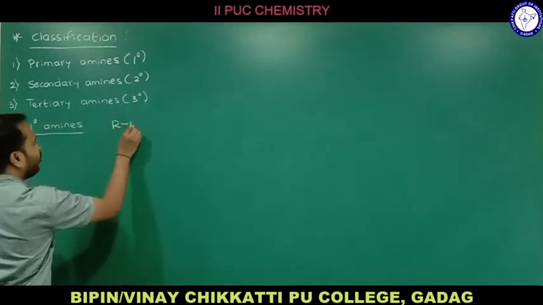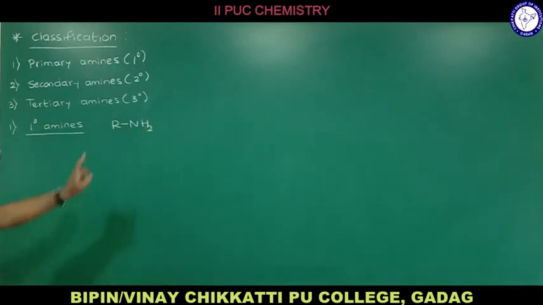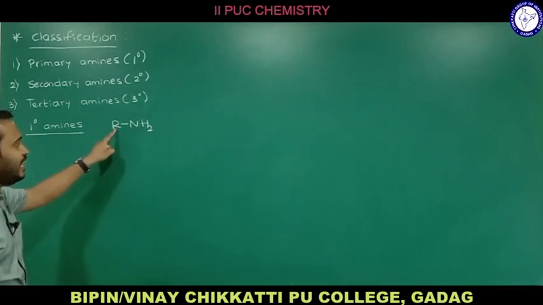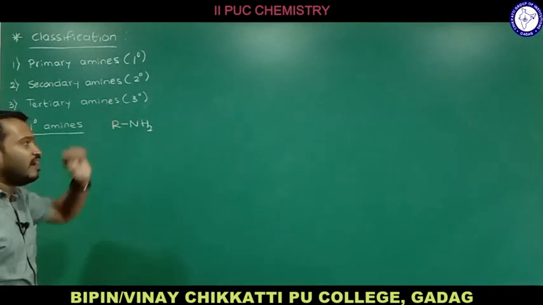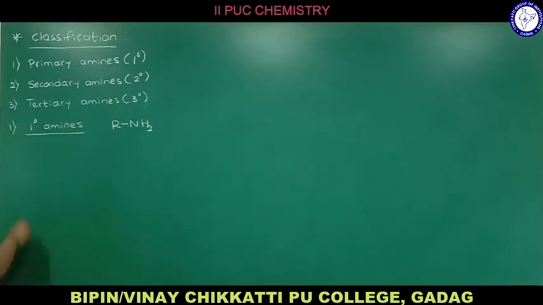So now we will see the general formula for that one. The general formula I can write like this: R-NH2. So NH3, but one hydrogen is replaced by alkyl group R. Therefore this is the general formula for primary amine, since one hydrogen is replaced by R. So now we will see the examples. Consider the example CH3NH2.